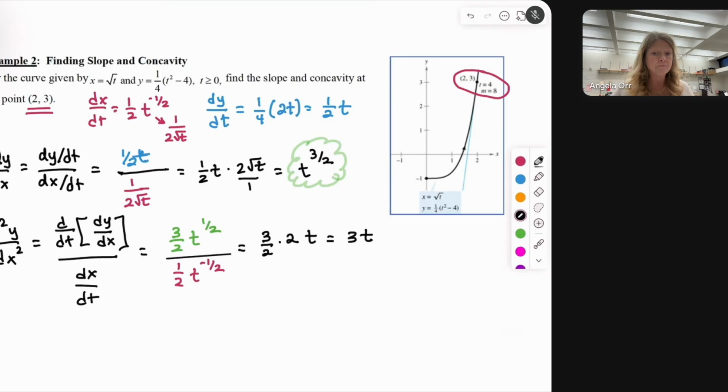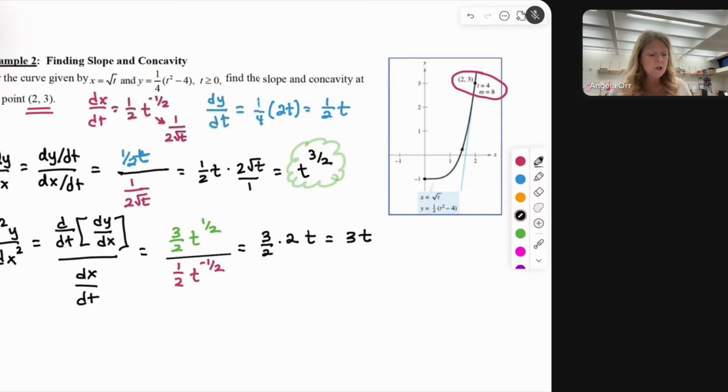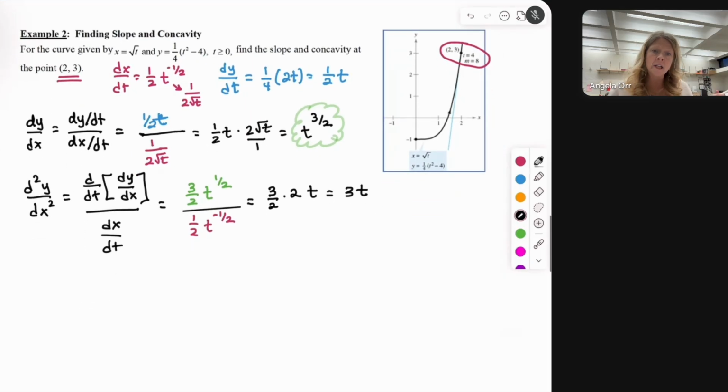Now, if I'm trying to find the slope and the concavity at the point (2, 3), I need to know at what time I am located at the point (2, 3). So let's figure out the value of t for when we are at the location (2, 3).